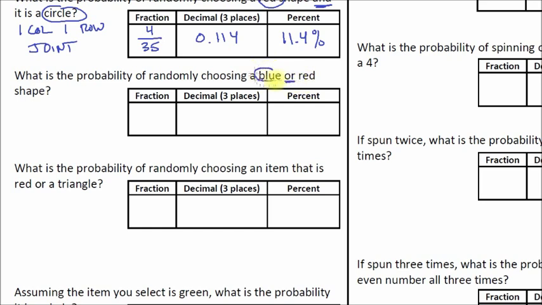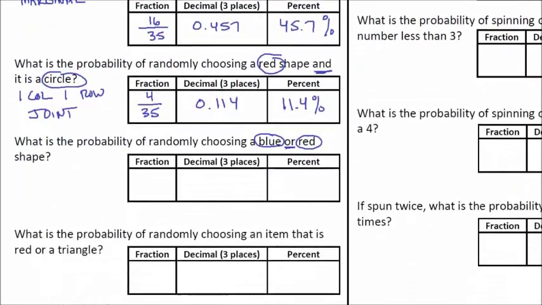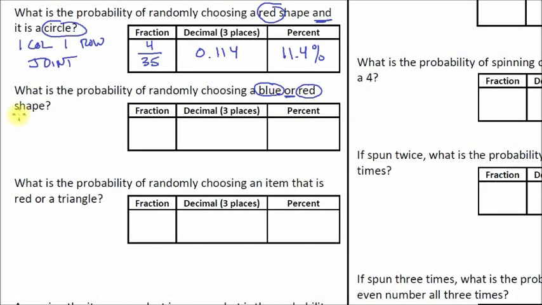Next one. What is the probability of randomly choosing a blue or red shape? Blue and red are both columns, so 2 columns are mentioned with the word or in it. So when 2 columns are mentioned with the word or, I know that's going to be mutually exclusive because you never can have something show up in more than 1 column.